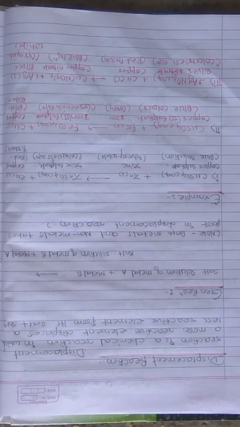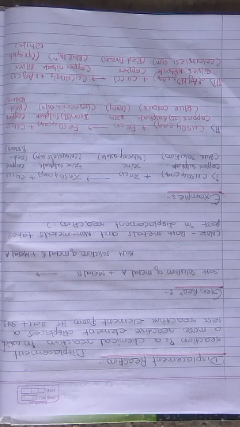We already saw this in the reactivity series. So copper is displacing silver and forms copper nitrate, that is a salt solution of copper nitrate, and silver gets displaced from silver nitrate.